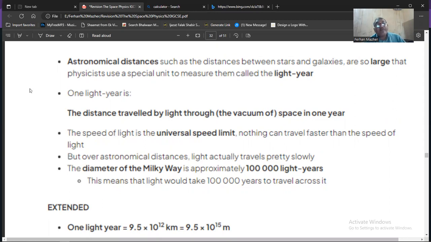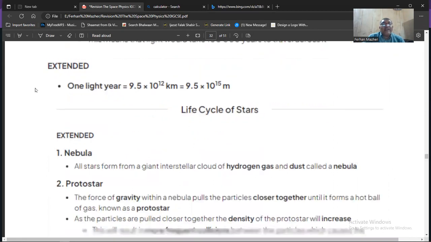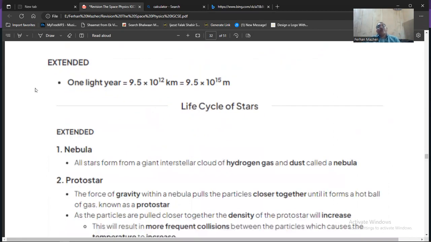The diameter of the Milky Way is approximately 100,000 light years. This means that light would take 100,000 years to travel across it. 1 light year is 9.5 × 10^12 kilometers, or you can say 9.5 × 10^15 meters.